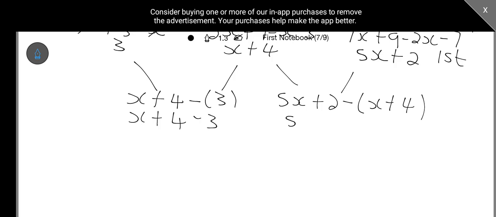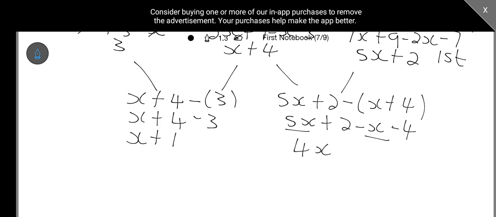And then 5x plus 2, negative times positive x gives us negative x. Negative times positive 4 gives us negative 4. Then we're going to add like terms. X plus 4 minus 3 will give us positive 1. And then 5x minus x will give us 4x. And then positive 2 minus 4 will give us negative 2. And these are our second differences.